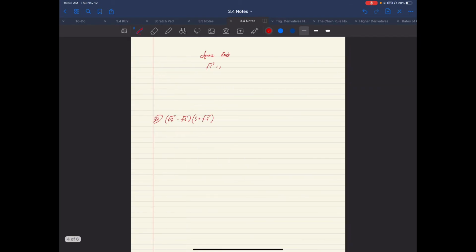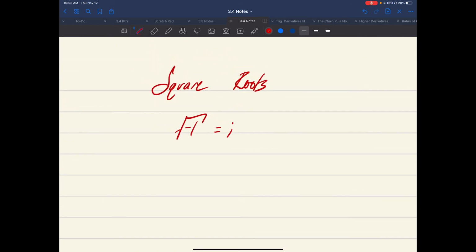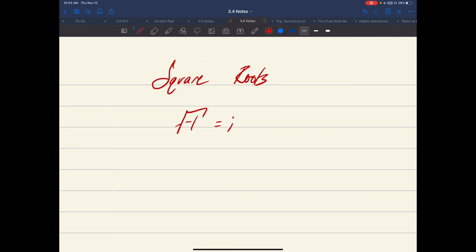Okay, so square roots. When you look at square roots, the square root of -1 is i. So when we are talking about imaginary numbers, complex numbers, these are generated from taking the square root of negative numbers. So if you have -1, the square root of -1 is i.